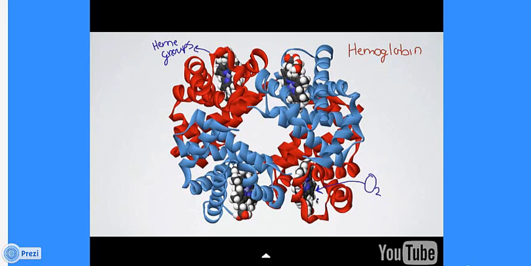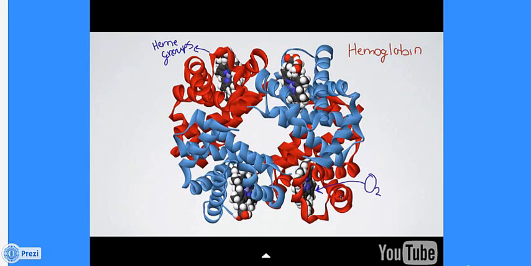As you would imagine, since we have four heme groups, we can take a total of four oxygen molecules. So this is one oxygen molecule here, and we can have another oxygen molecule here, here, and also here. So this hemoglobin molecule, once again, has a capacity to hold four oxygen molecules.